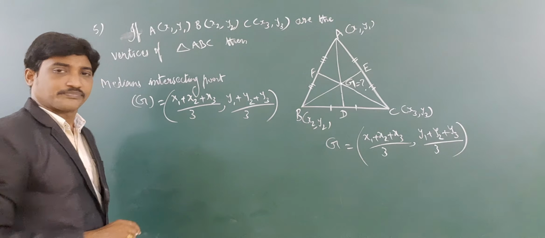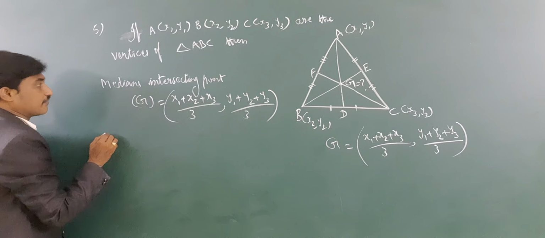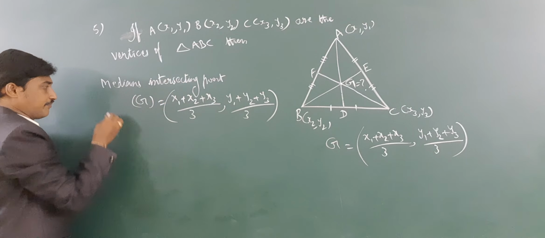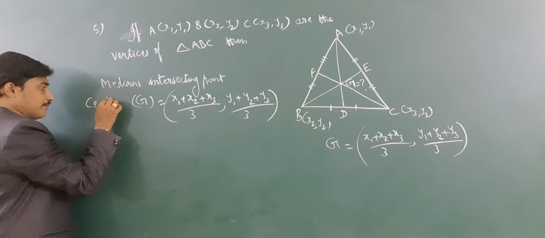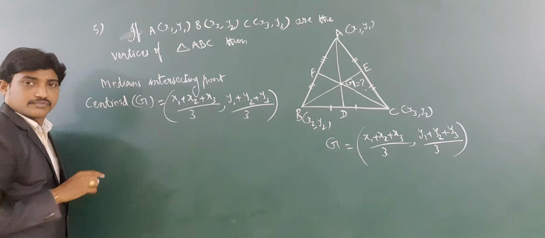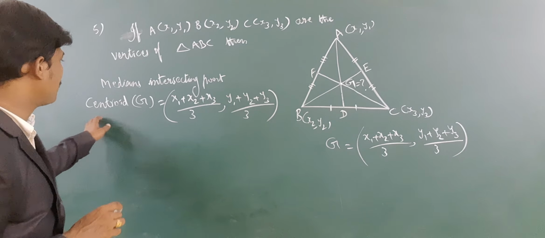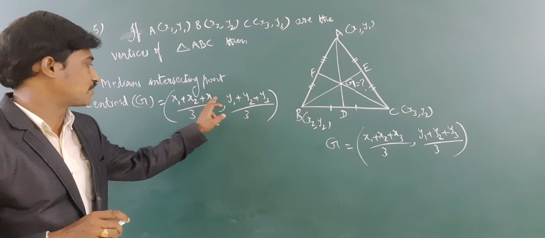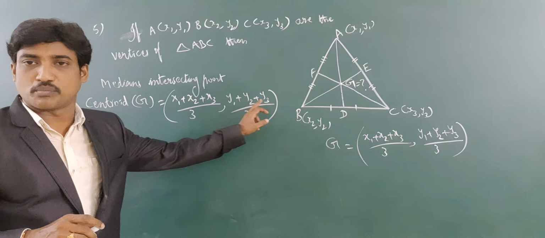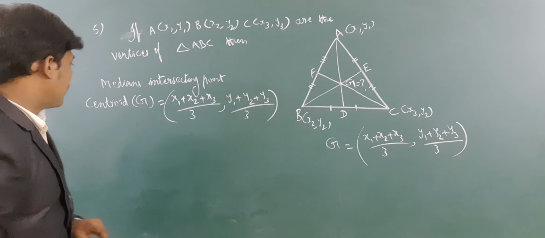And one more, the median's intersecting point is called centroid G. Centroid G formula is x1 plus x2 plus x3 by 3, y1 plus y2 plus y3 by 3.